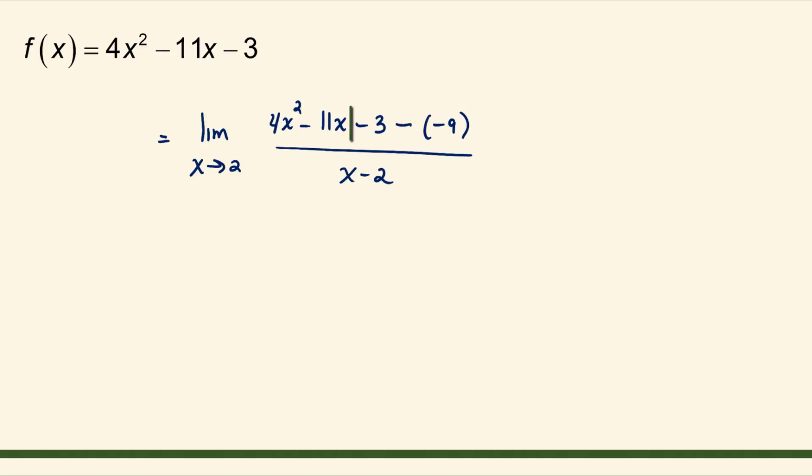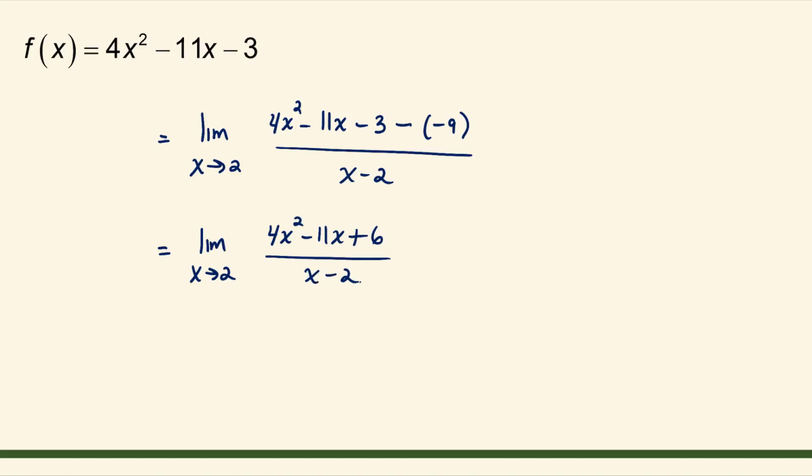Combining like terms in the numerator, we have a negative 3 minus negative 9, which is equal to positive 6. So we now have that this is equal to the limit as x approaches 2 of 4x squared minus 11x plus 6 all over x minus 2.